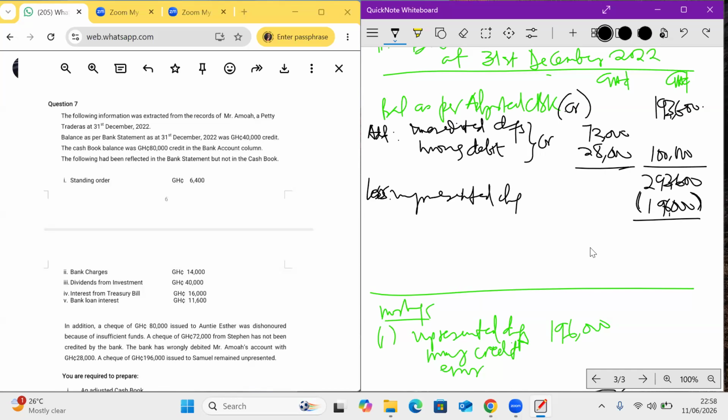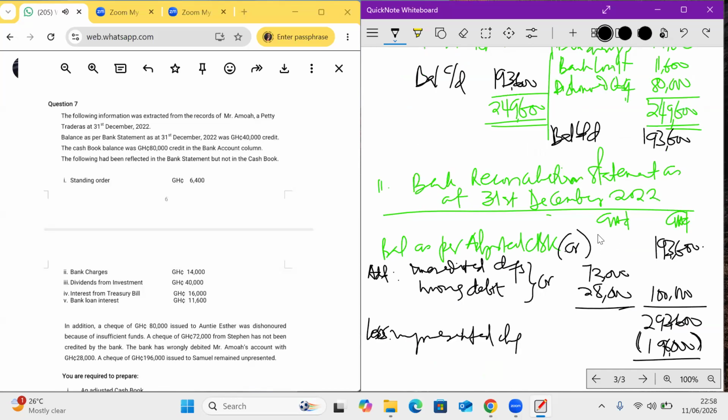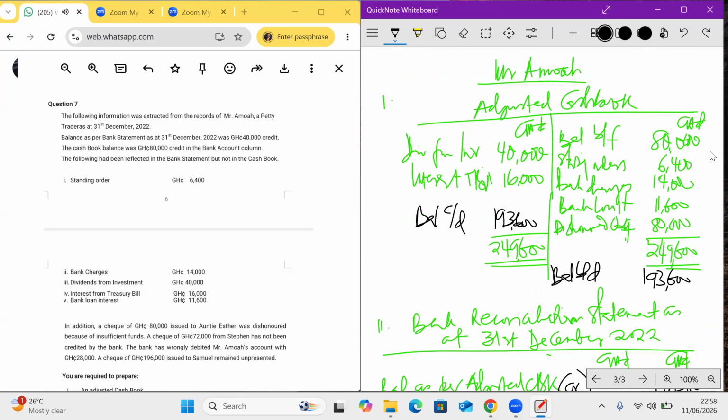That will give us 274. Why that huge figure? Hold on, let me check your figures. Oh, you gave me wrong figures. I told you to confirm the figures.